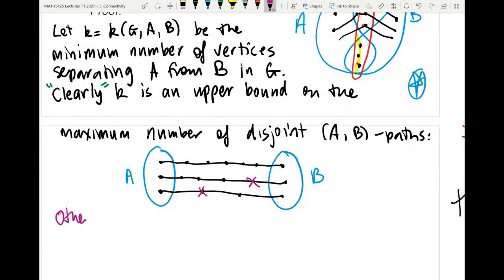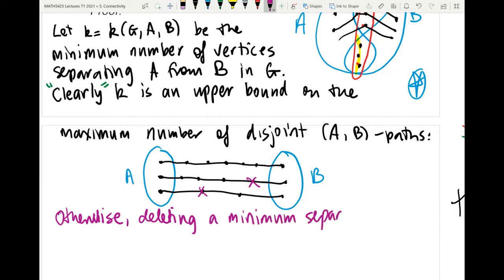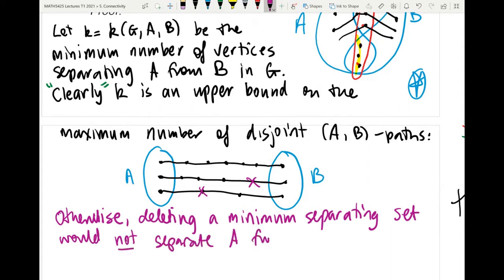So otherwise, deleting a minimum separating set separating A from B would not separate A from B as at least one path would remain.